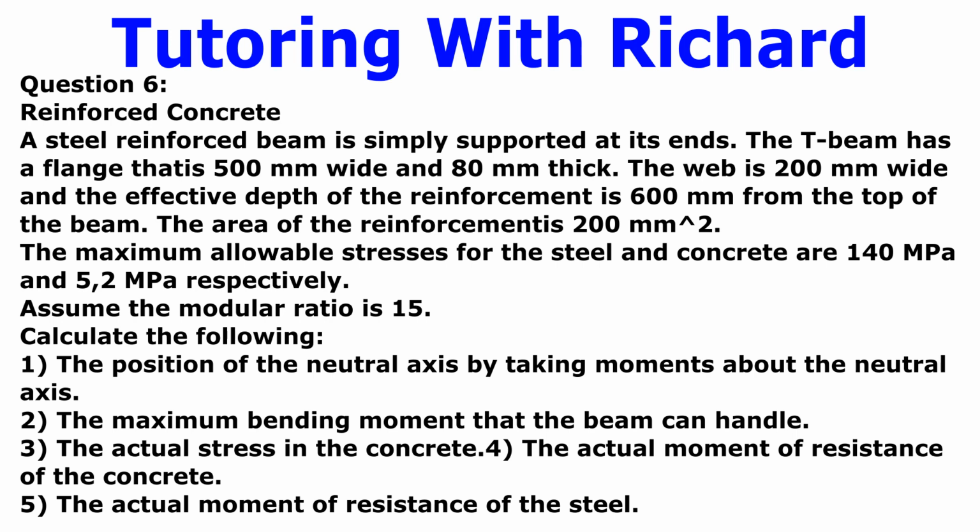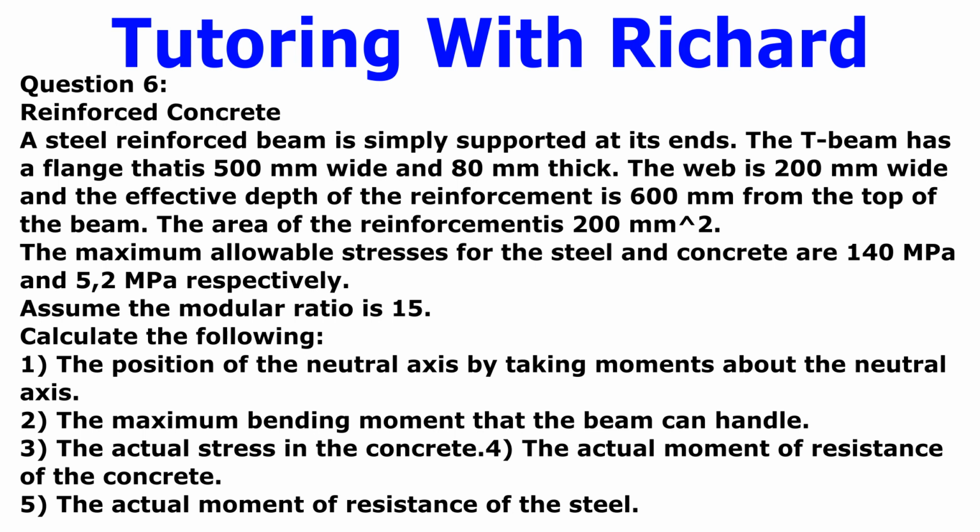The web is 200 millimeters wide and the effective depth of the reinforcement is 600 millimeters from the top of the beam. The area of reinforcement is 200 millimeters squared. The maximum allowable stresses for the steel and concrete are 140 megapascals and 5.2 megapascals respectively. Assume the modular ratio is 15.